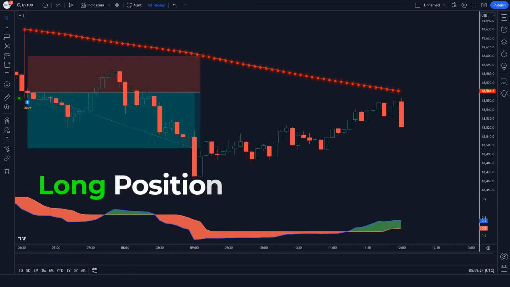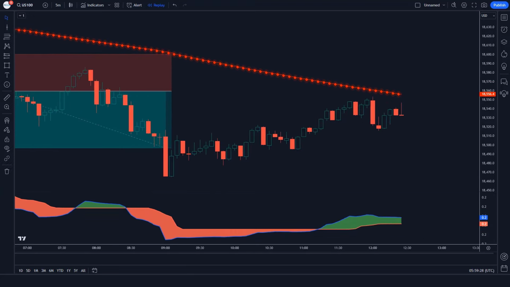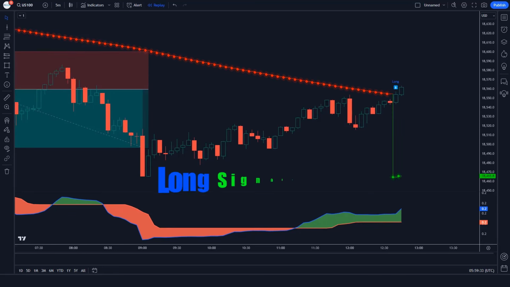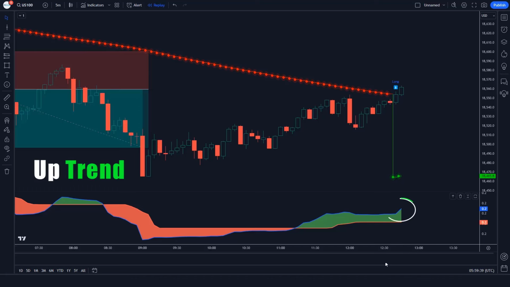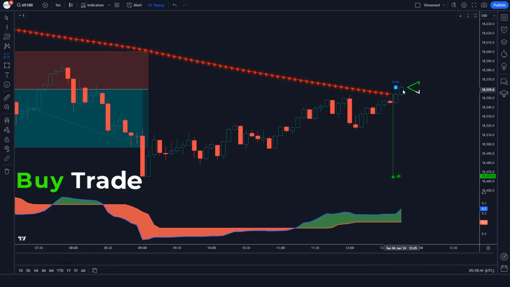Let us now understand the long position. When the PSAR optimization indicator has given us long signals, the market forms two bullish candles, and the highlighter of the trend tracker oscillator indicator should be in the uptrend. If this condition is fulfilled, then we will place a buy order.